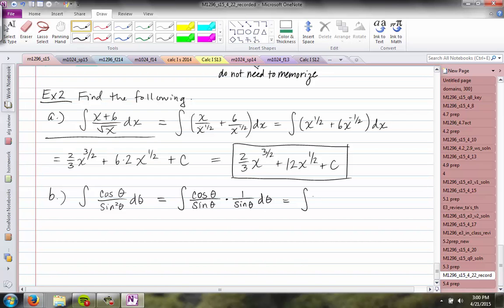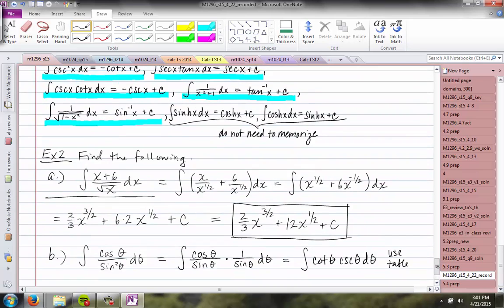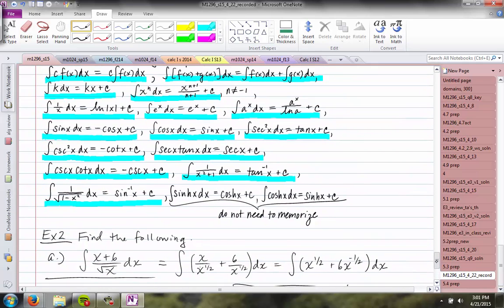So cosine over sine, like I said, is cotangent of theta, and then 1 over sine is cosecant. So kind of a less common rule, but this is in the table, or the answer to a derivative rule we know, so that is helpful when you're memorizing this table of integrals or this list of integrals as I have it here.